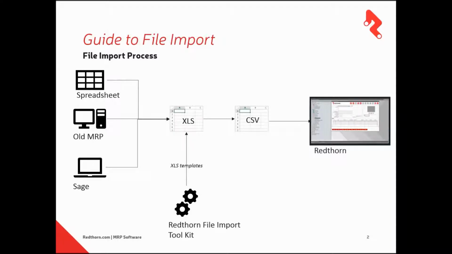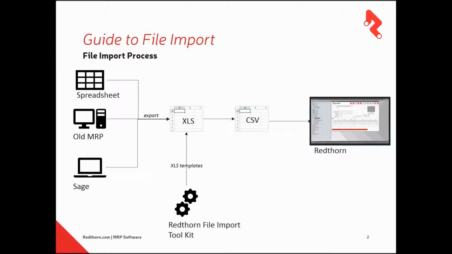So what the user will need to do in this instance is export that data from the system and drop it into Excel. And then they'll need to link it into the Excel templates that you can get from Redthorn and which is contained in the Redthorn file import toolkit, which I'll go into in a minute.